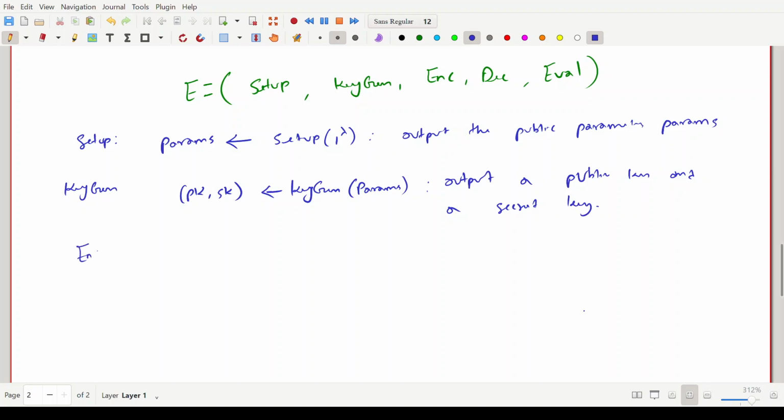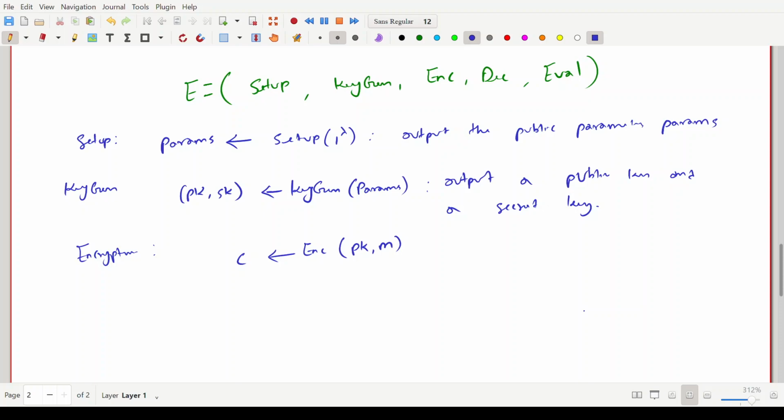In the case of encryption, what happens? You give your public key and your message. It will encrypt and give you a ciphertext C. So using your public key, you encrypt your message.